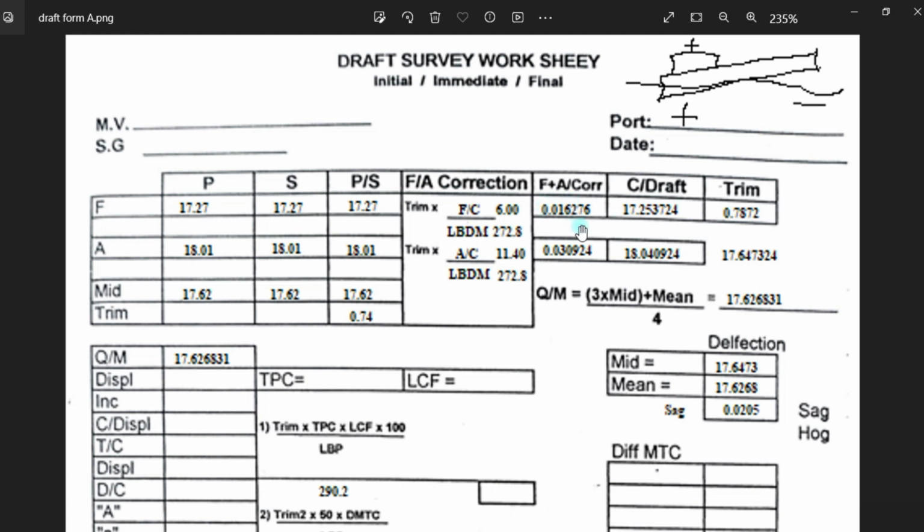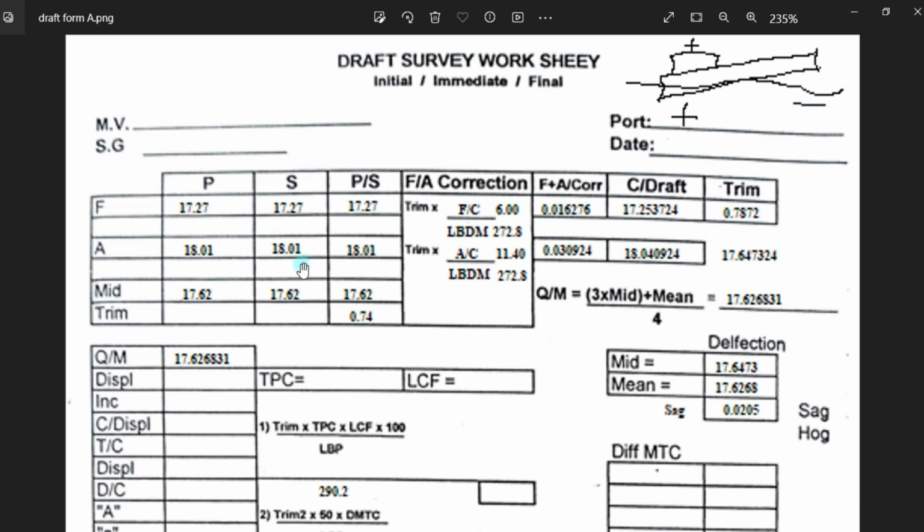Since your forward correction is negative because you are trimmed by the stern, the sign is negative. So with this figure, that will be 17.27 minus 0.016276, which is 17.253724. I repeat, because you are trimmed by the stern, the forward correction will be minus or negative.